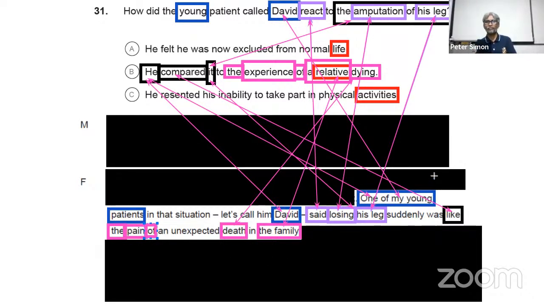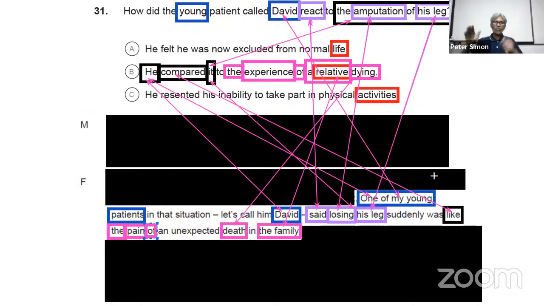Can't you see each and everything there? In the question, everything should be there in the passage. But in the passage, everything need not be in the question.